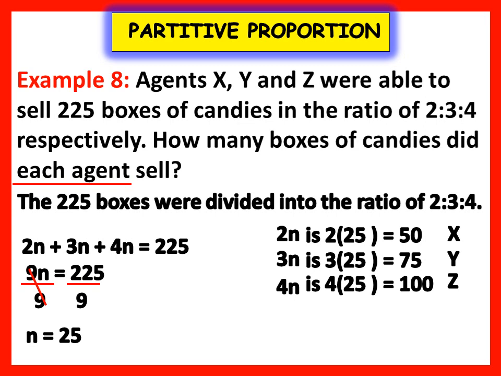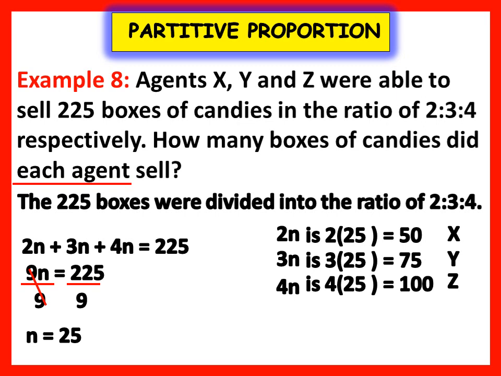Okay, so that's all for today. I hope you enjoyed learning about the 3 types of proportion, which are the direct proportion, inverse proportion, and partitive proportion. So remember that for direct proportion, the variables are both increasing. It can be increasing for the first variable, then increasing also for the second variable.